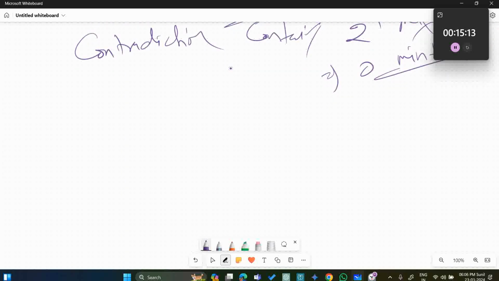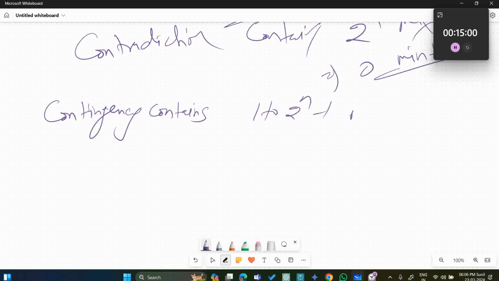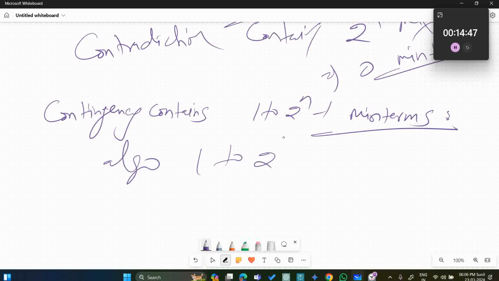And one more thing is contingency contains 1 to 2 to the power n minus 1 min terms, and also 1 to 2 to the power n minus 1 max terms. Alright.